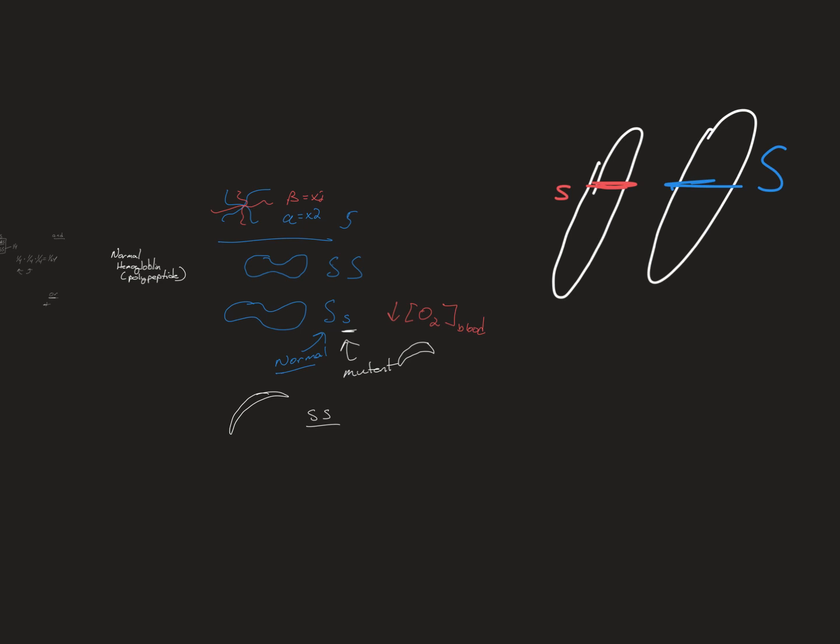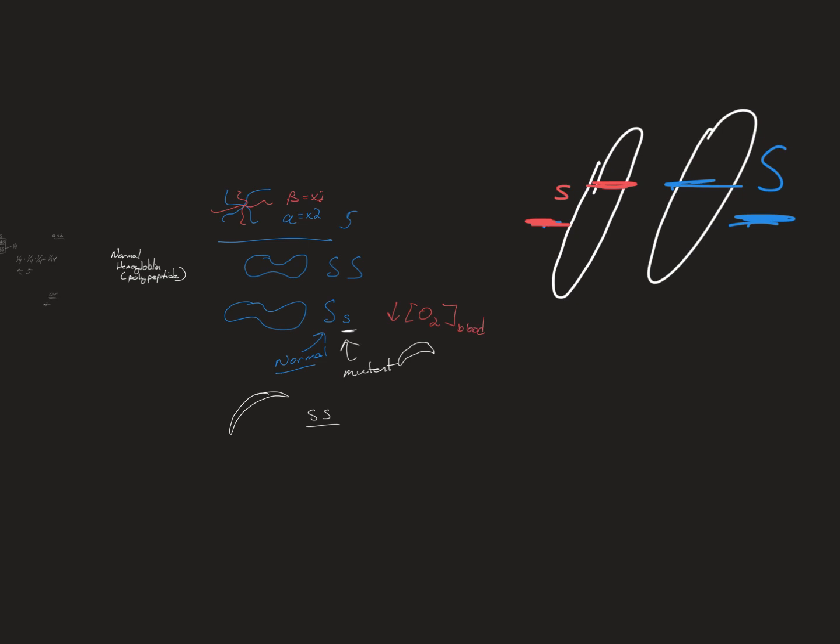They're saying they have a normal hemoglobin molecule. That means the gene for the polypeptide is normal. They also have a mutant hemoglobin, which means that the other gene they have is mutant. It is recessive.